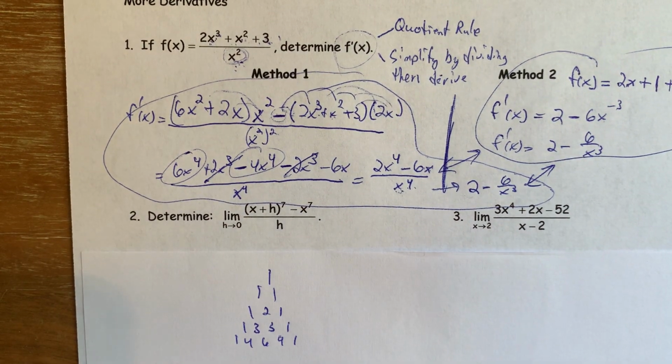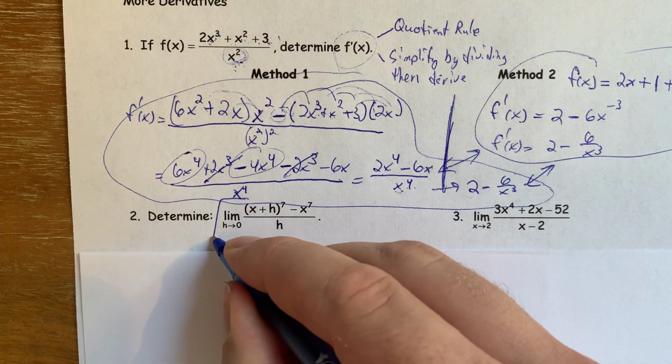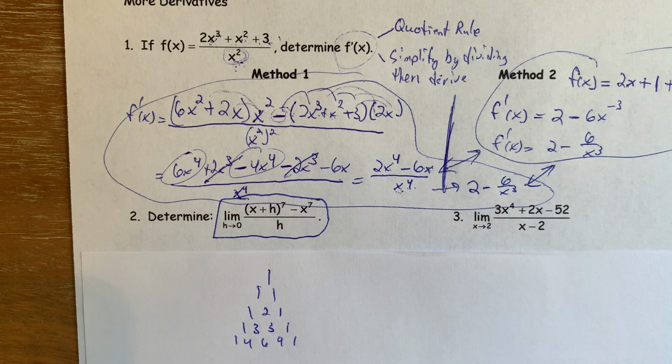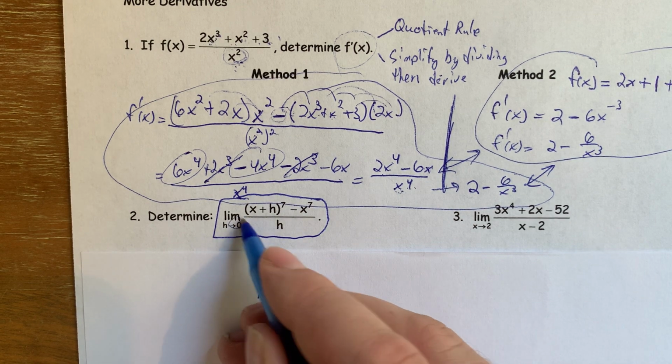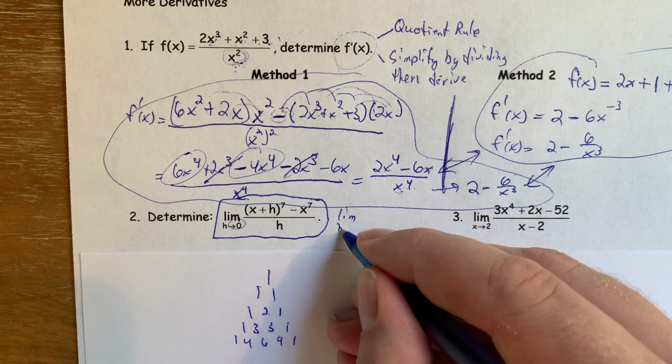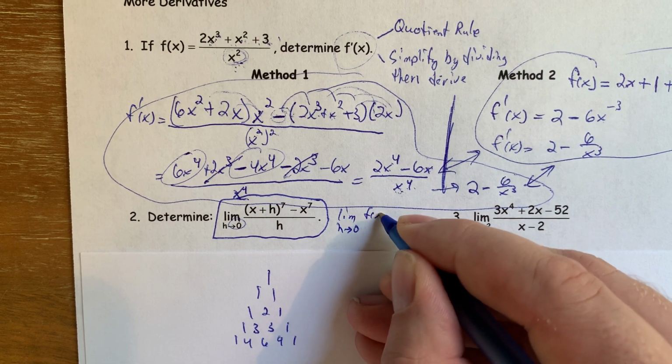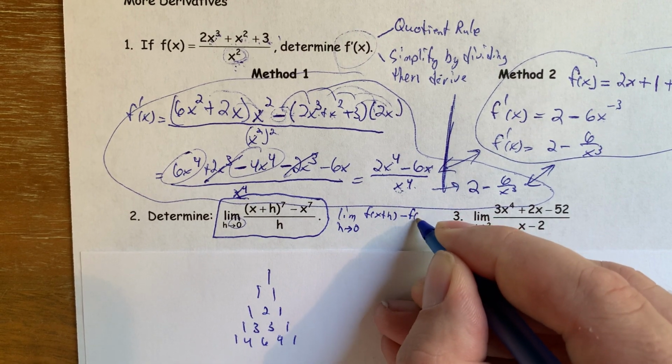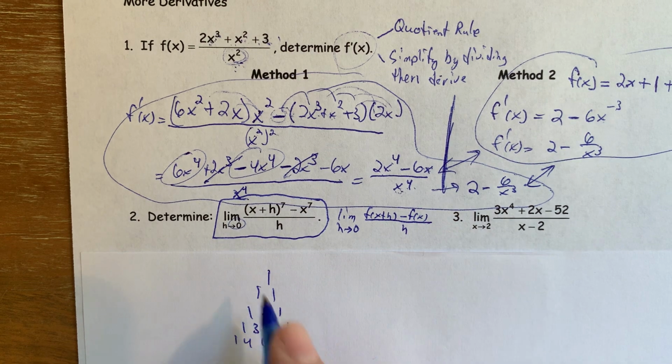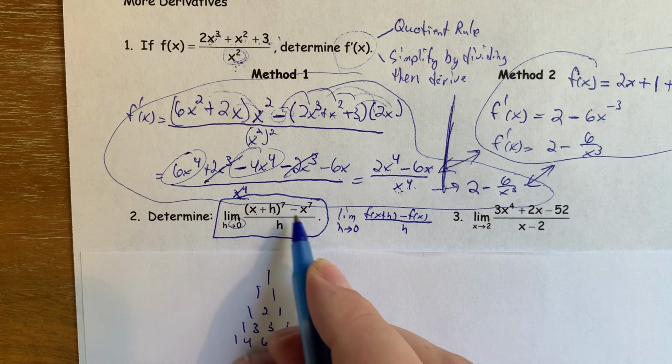Instead, what the AP exam means for you to do here is to recognize that this is the limit definition of the derivative, the one where h is going to 0. This is the limit as h goes to 0 of f of x plus h minus f of x over h. Do you see the x plus h to the 7th and the x to the 7th?